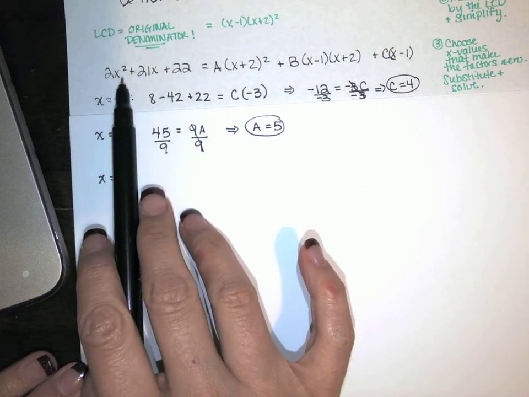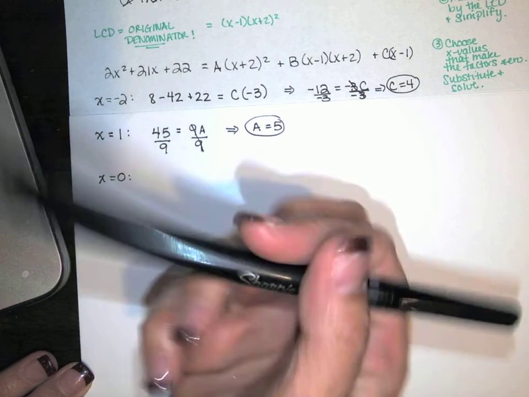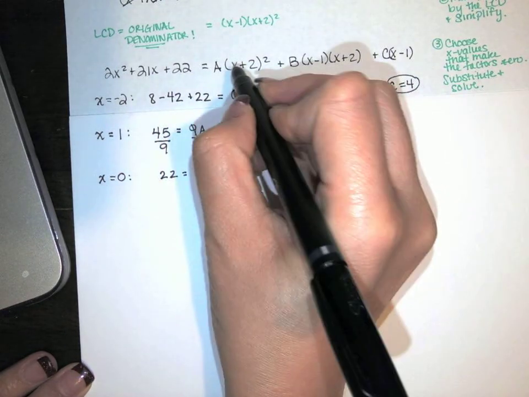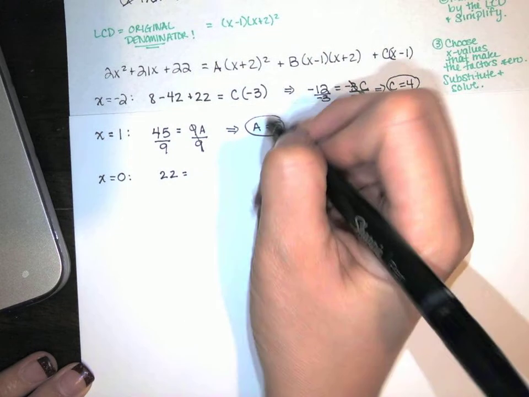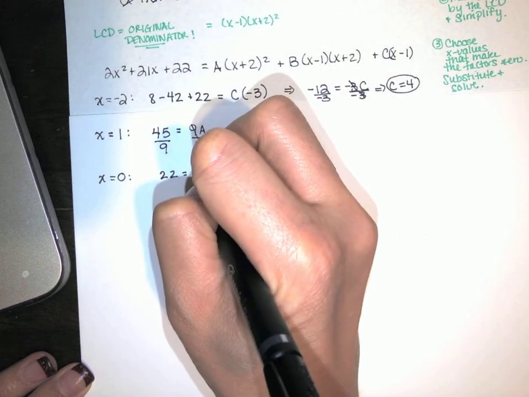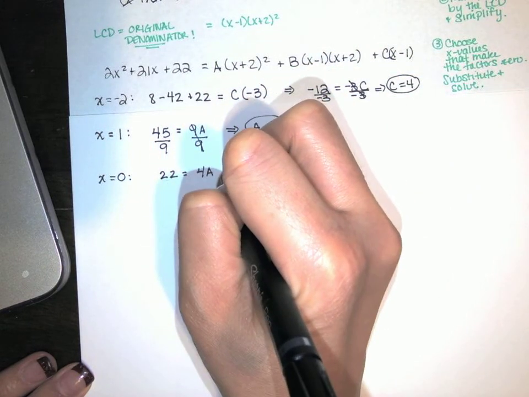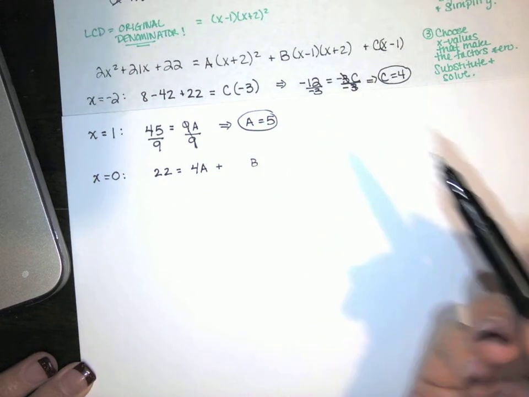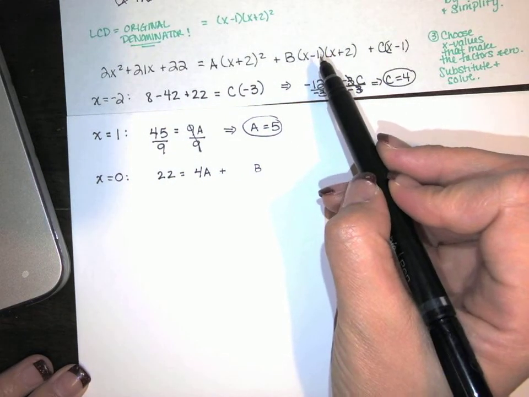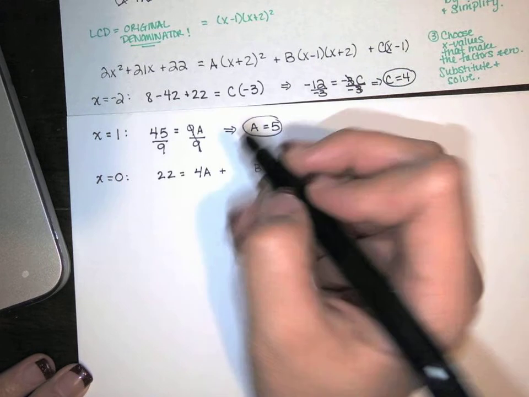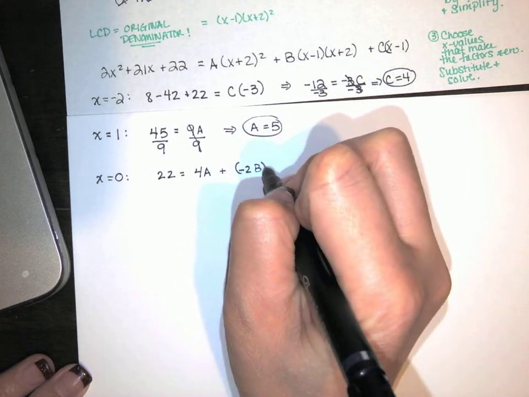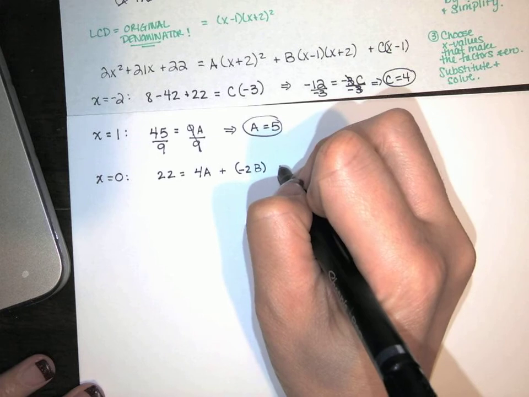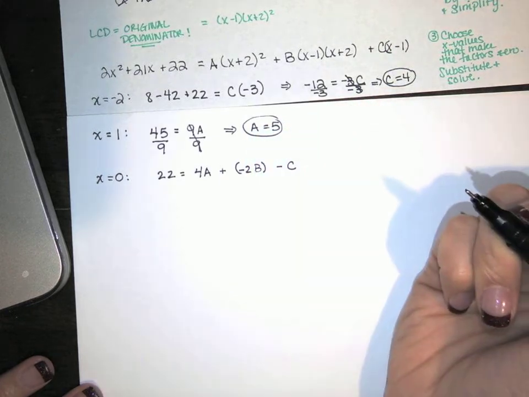So I've got 0 plus 0 plus 22, so I've got 22 on the left, equals a times 2 squared. 2 squared is 4, so 4a, plus b, and this is, if x is 0, -1 times 2, so that's -2, plus c times -1, or you could say minus c, same thing.